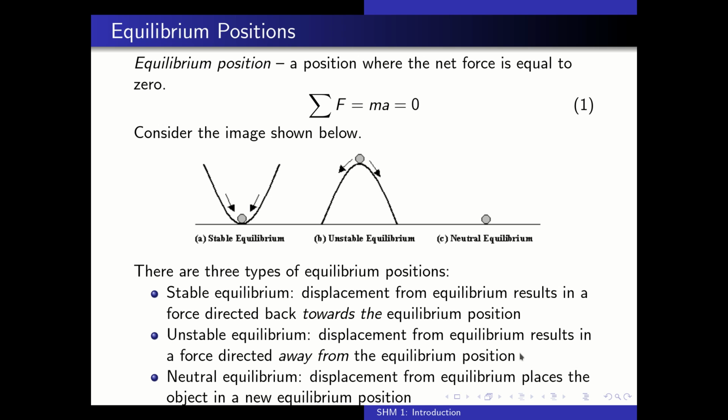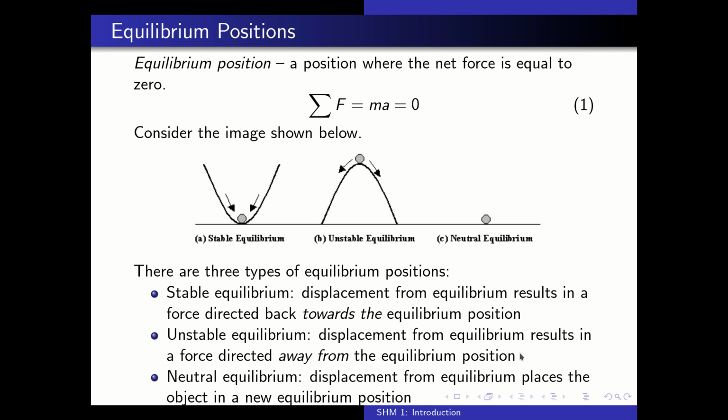In each of these we have a ball that is presented on some kind of surface: a concave surface, a bowl on the left-hand side, a convex surface, a hill in the center, and a neutral surface, a flat surface on the right. And these three images represent our three types of equilibria.